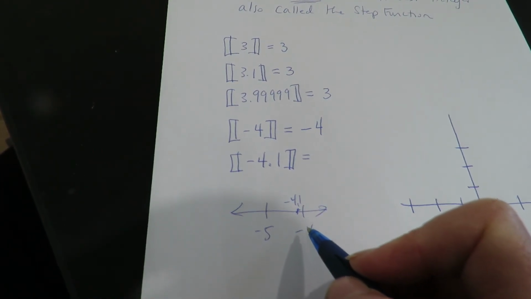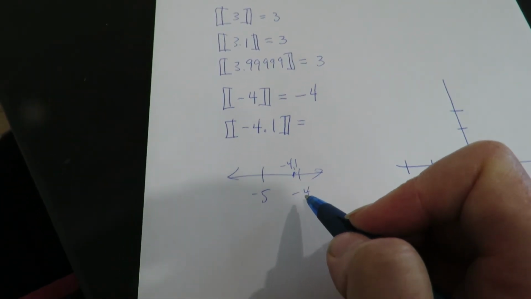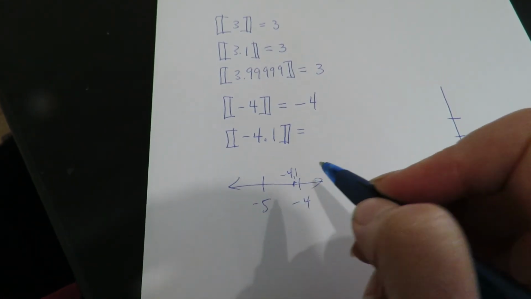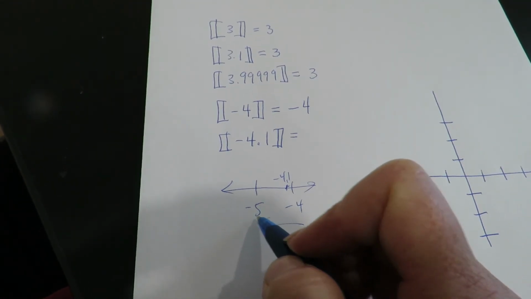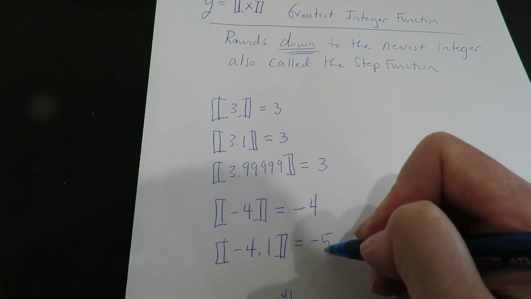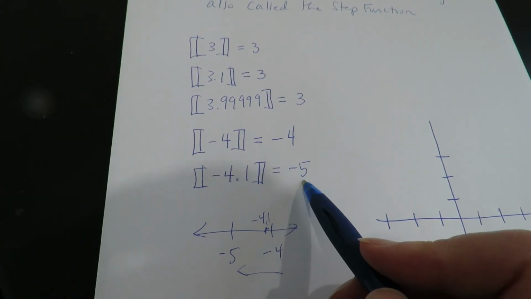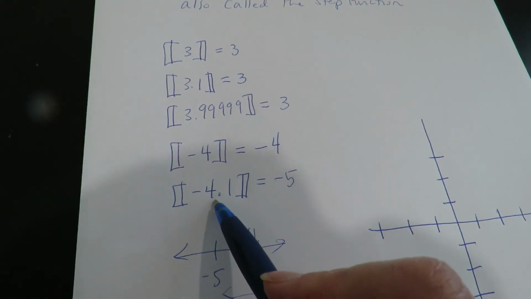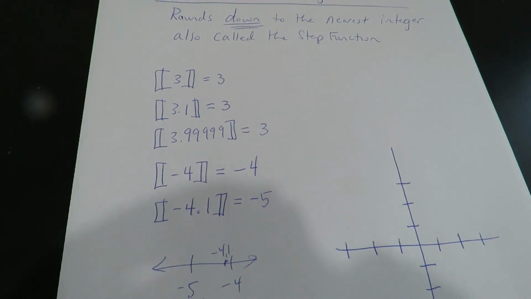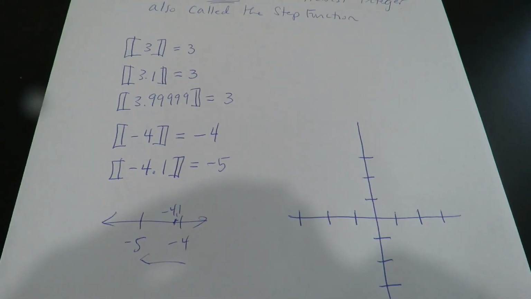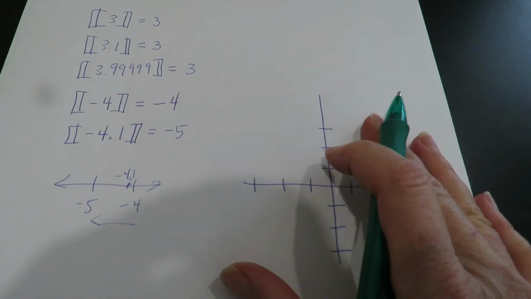So if you say the answer is -4, you've actually rounded up. Make sure you round down. You have to go to the left to round down. So this equals -5. This number here, -5, is smaller than -4.1. So negatives are just a little tricky. Be careful.